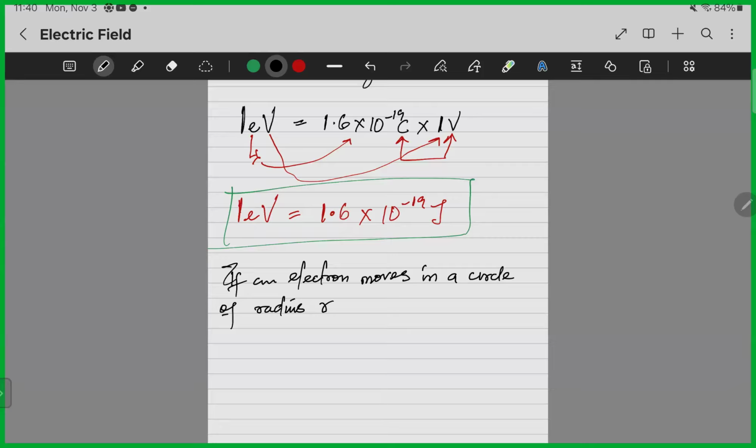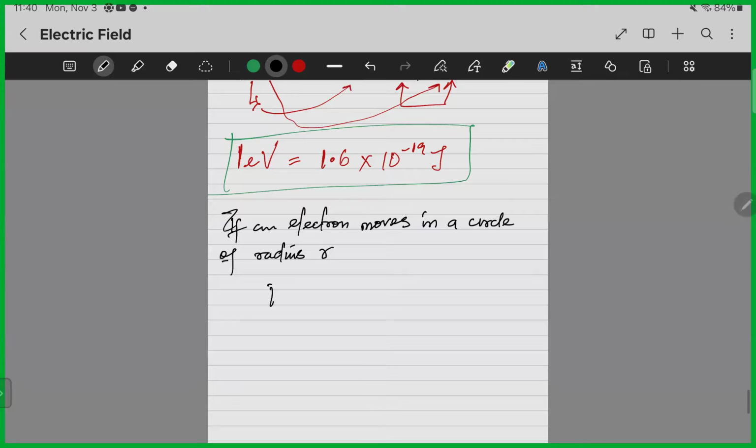Now, this concept I'm about to talk about is the same picture where we talked about centripetal force when we were talking about the gravitational field. That idea there was a satellite moving in an orbit. So now I want to talk about an electron moving in a circle of radius r. The first here will be centripetal force, and centripetal force is mv squared over r.